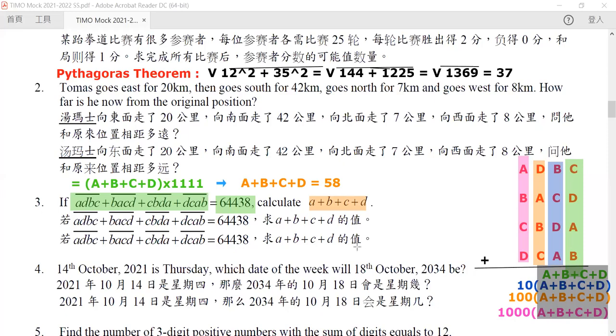So let's go now. Question 3 asks what the meaning of each of these digits is. I think it's impossible, it must be less than... yeah, that's strange.